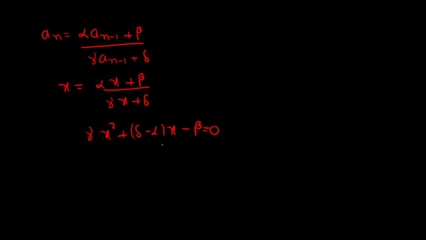Now this will have two roots. Let's call them p comma q. Now what we'll do is, we'll define a new sequence b_n is equal to (a_n minus p) by (a_n minus q). Now instead of these a_n's, we'll substitute the definition of a_n that we have.